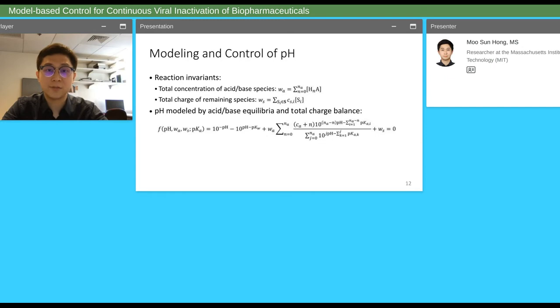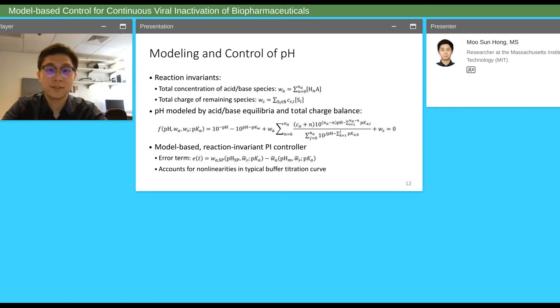The basis of the pH model is the acid-base equilibria and total charge balance with reaction invariants and acid dissociation constants. With the developed pH model, a PI controller was implemented based on the reaction invariants, which are now governed by linear dynamics. This accounts for the nonlinearities in directly controlling pH, which is what we see from the typical buffer titration curves.